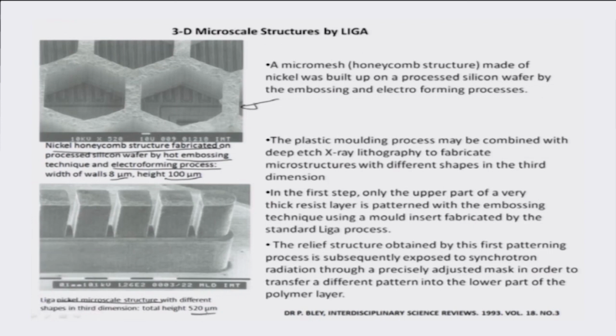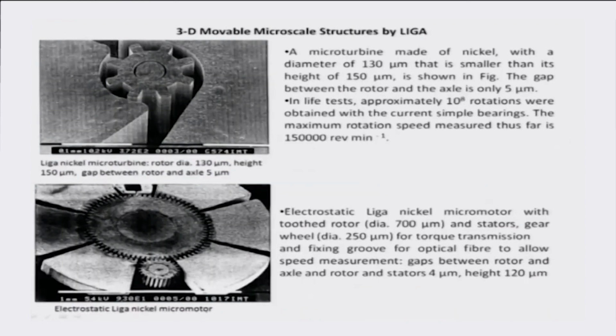Similarly, there have been reports made by Blay et al. about different electrostatically made LIGA nickel micro motors or micro turbines, as can be seen very clearly in these particular figures, where the diameter of the micro turbine in this case is only about 130 microns, and the height is about 150 microns, higher than the diameter.